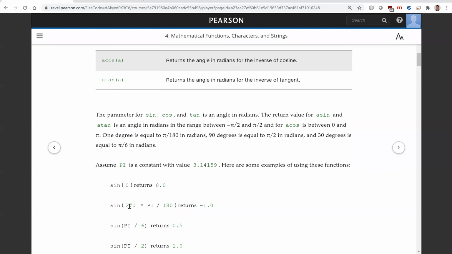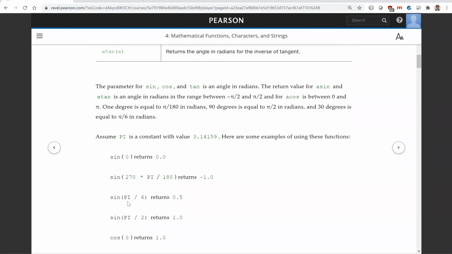Sine of 270 times pi divided by 180, so this is radians, returns -1. Sine of pi divided by 6 returns 0.5. Here, pi is a constant with value 3.14159.